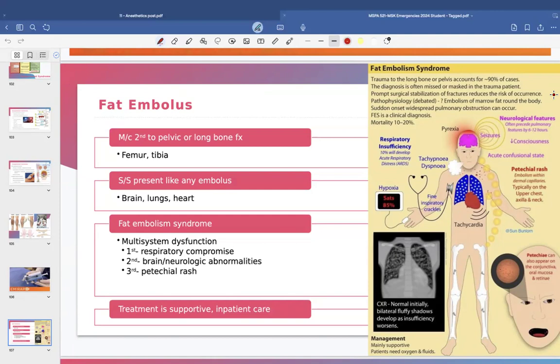Those are the important things that we're worried about. They're gonna need supportive care wherever the emboli is going. But it's really hard to prevent because they came in with this fracture beforehand.